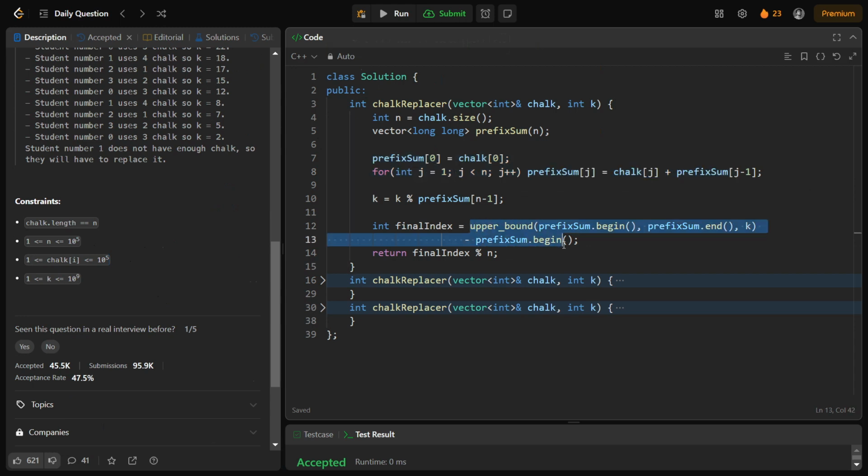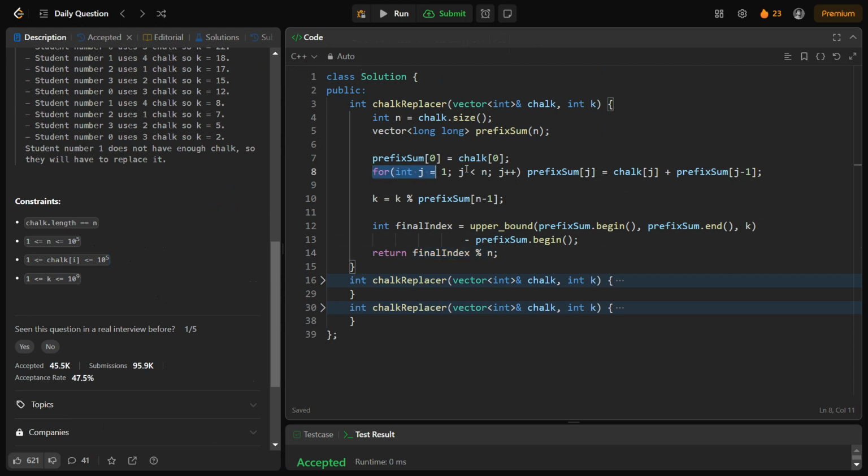So this will do the binary search and find the element which is greater than k, basically, and not equal to k as well. And this would give me an iterator, and I'll subtract the first iterator from this as well. So this would actually give me the index of the student, and it could be possible that the student could be the last student. So what I'll do is I'll take a modulo with n and I'll just return the answer.